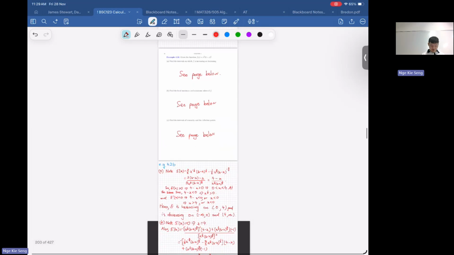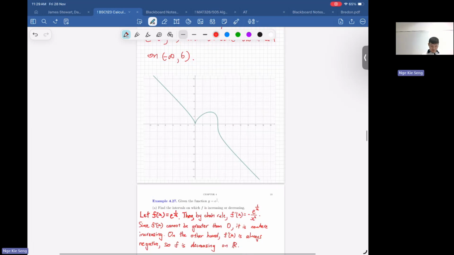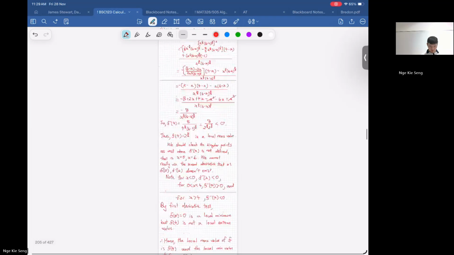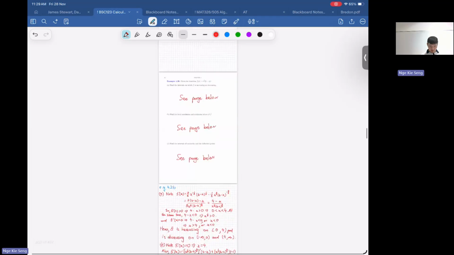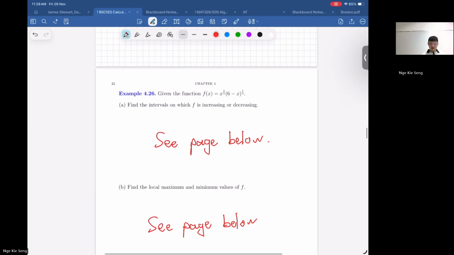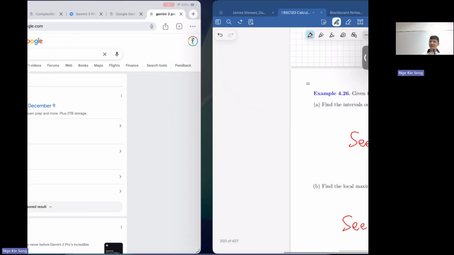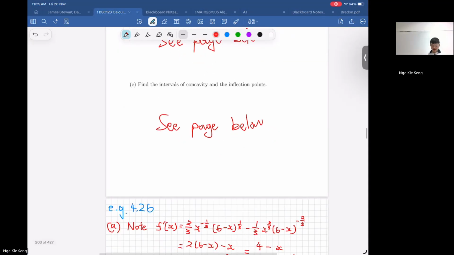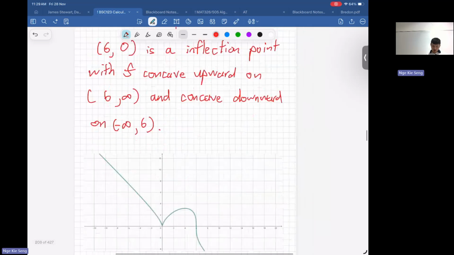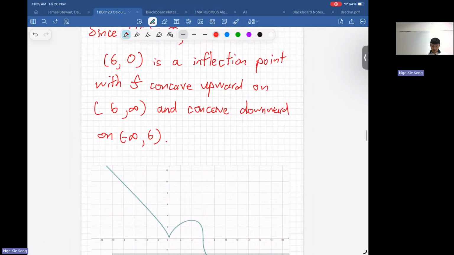But from this graph here, it seems like it is. Did I plot the wrong graph? I think you are right. I'm just trying to verify whether what we computed is true.